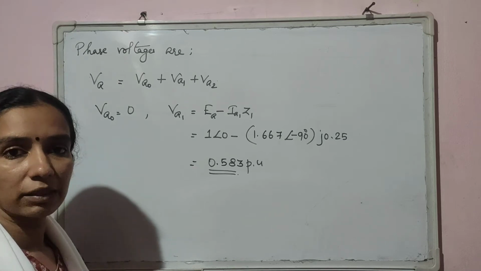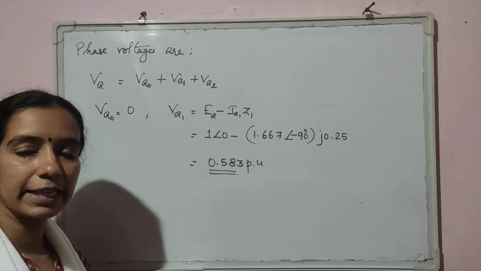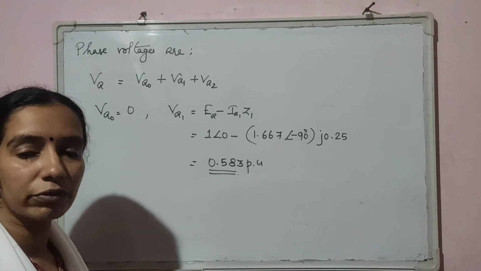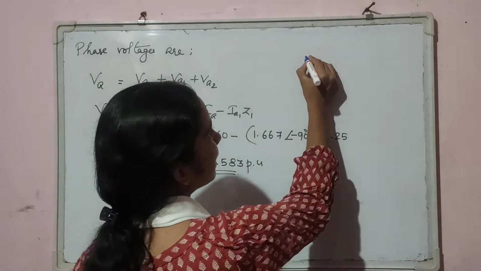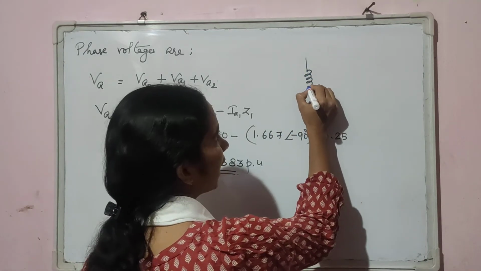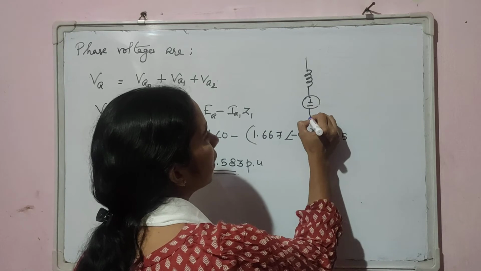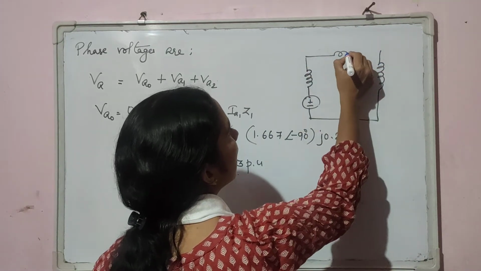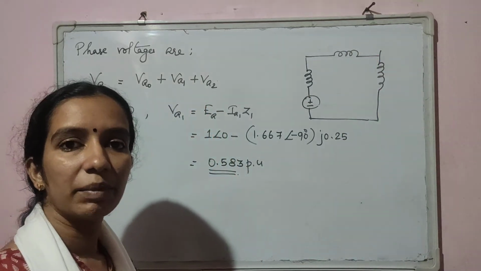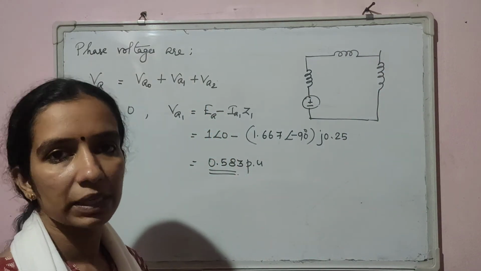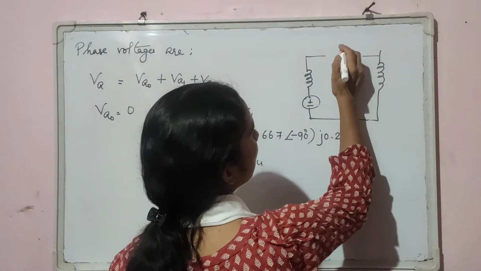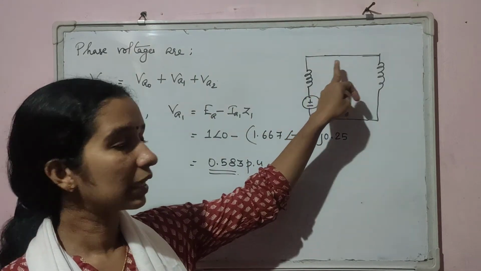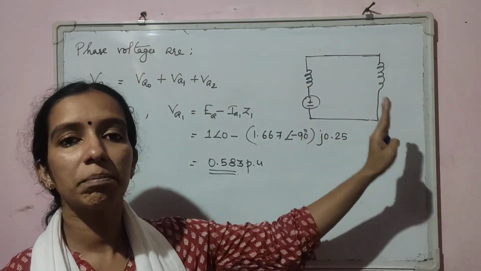Now VA2 can be calculated as minus IA2 into Z2. But there is another way for easily calculating the value of VA2. We know the sequence network of a double line fault. This will be the positive sequence network and this will be the negative sequence network, and here there will be a fault impedance. But in this particular case, the fault impedance is 0. So the sequence network will be like this. That means the positive sequence network and the negative sequence network are connected in parallel.